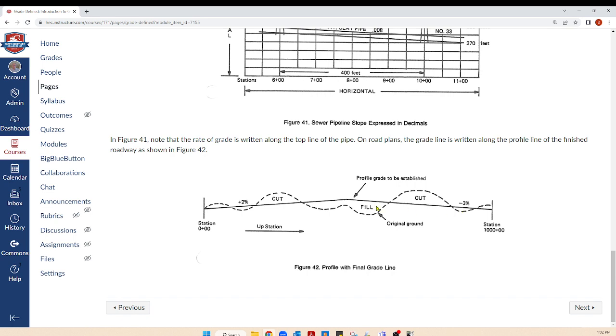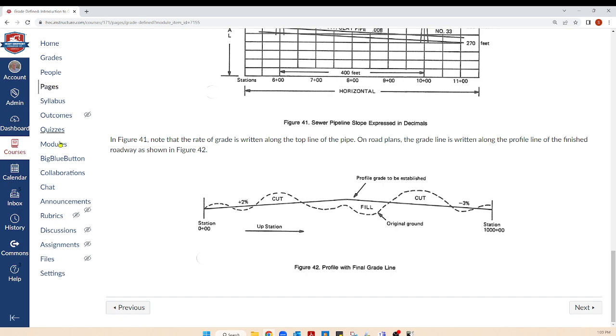As I said before, when you are rising, moving up station, it's a plus. When you're falling going up station, and this is up station right there, it's a minus percent. And we talked about that a little above.